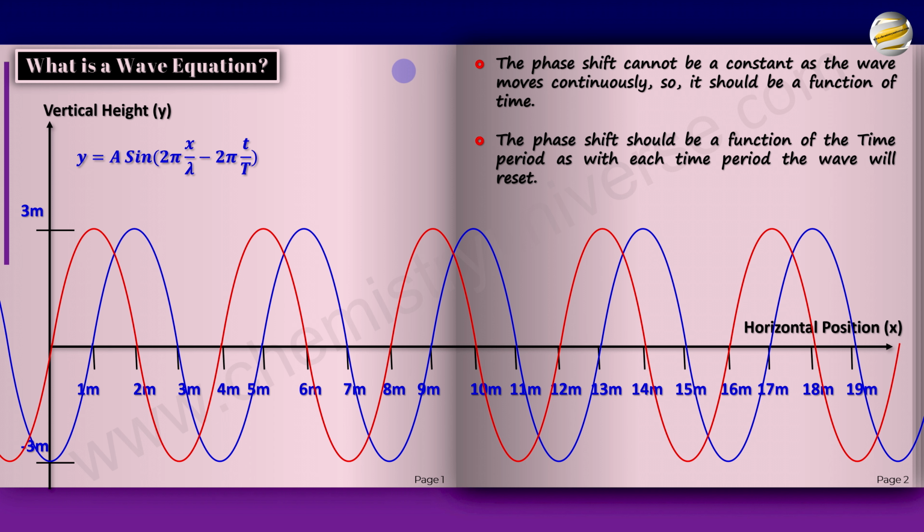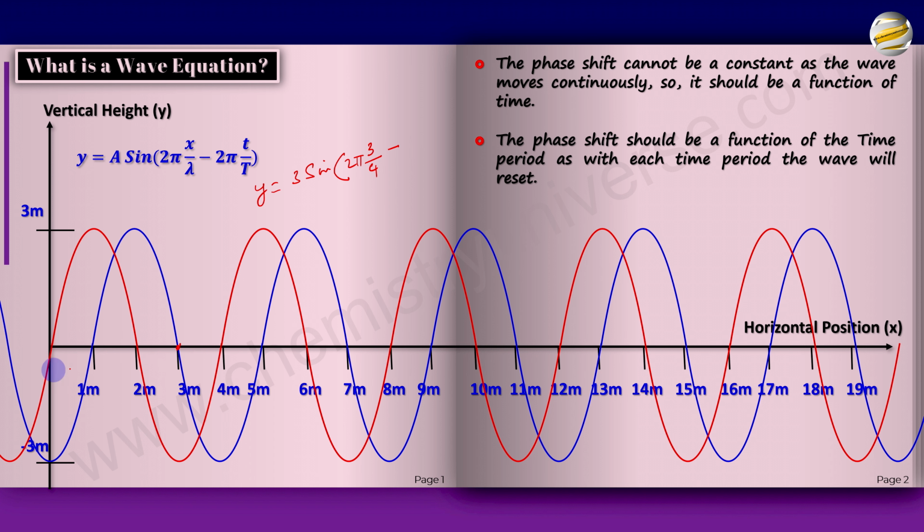Now let's check this if you want to know. Let's say I want to know what is the y value at 3. So the y value would be, A is 3, sine 2 pi, and I want to know the value of y when x is 3. Lambda, as we know, is 4, minus.